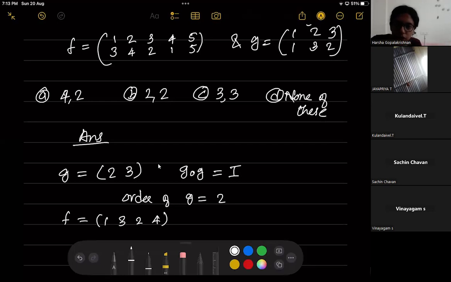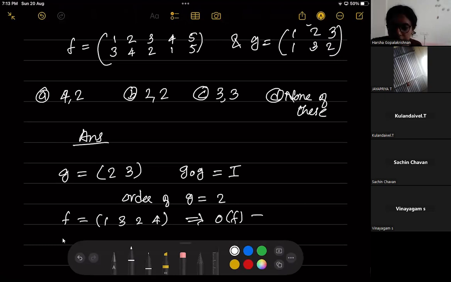Because first 1 is going to 3, 3 is going to 2, 2 is going to 4, and 4 is going to 1. The cycle ends there, starting with 1 and ending in 1. So (1 3 2 4) is the cycle, and 5 is fixed, so we don't need to write it. If we get only one cycle, finding the order is easy: the order is the same as the length of the cycle. So the order of F is 4.